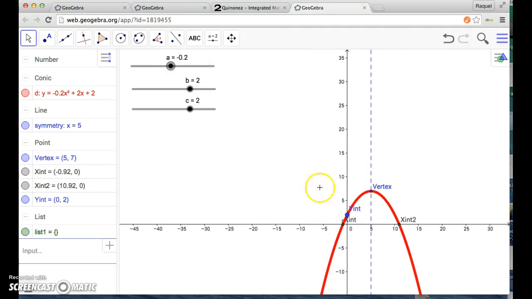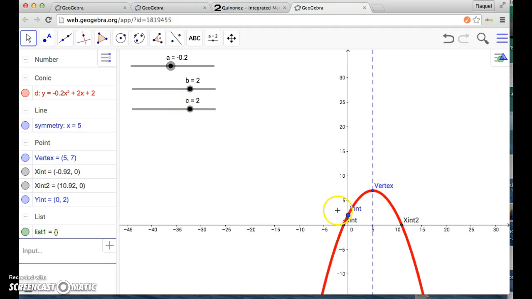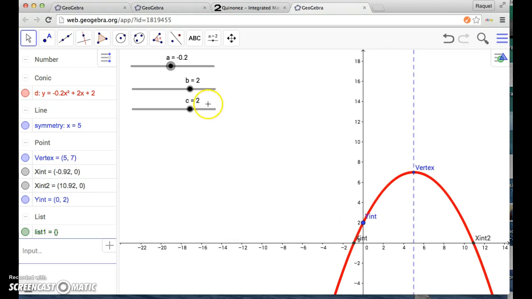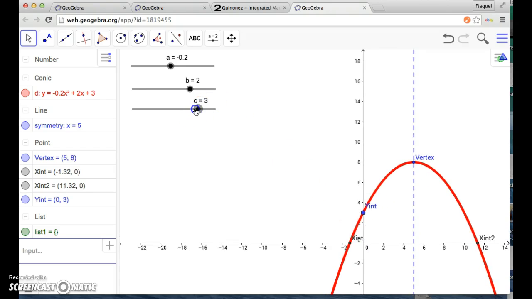As you can see here, there is a y-intercept too, the blue one. The y-intercept is where x is 0, and the y-intercept is always going to be c. See that? It's number 2. Kind of hard to see here. I've got to zoom in. So look at this.